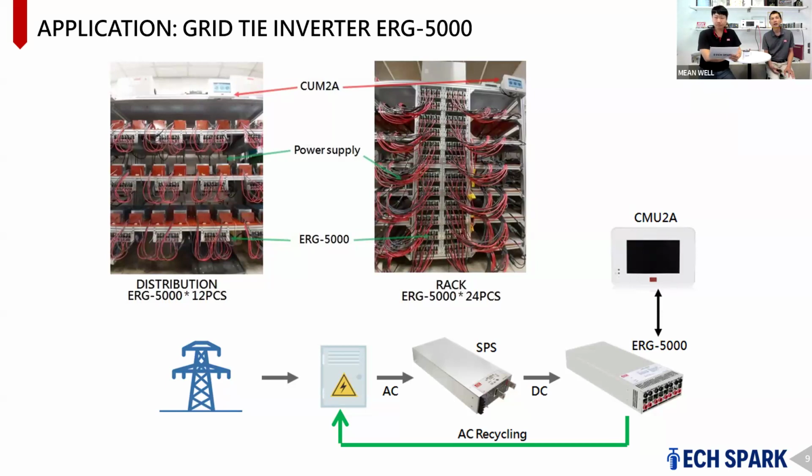As shown in the diagram, the power supply is feeding the DC power into the ERG 5000, and the ERG 5000 is inverting the DC power back to the grid, and the grid in turn powers the power supply. So basically, it's just cycling the DC power back to the grid, and overall, the power consumption is only like 20% of total power.